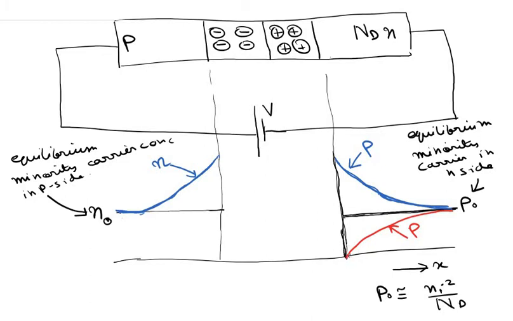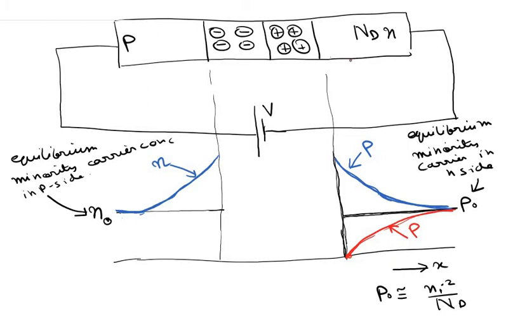So just outside the junction, the concentration of holes in the n side is actually 0. And then as we gradually move away from the depletion region, the concentration of minority carriers gradually increases, and far away from the junction, this minority carrier concentration coincides with the equilibrium value.